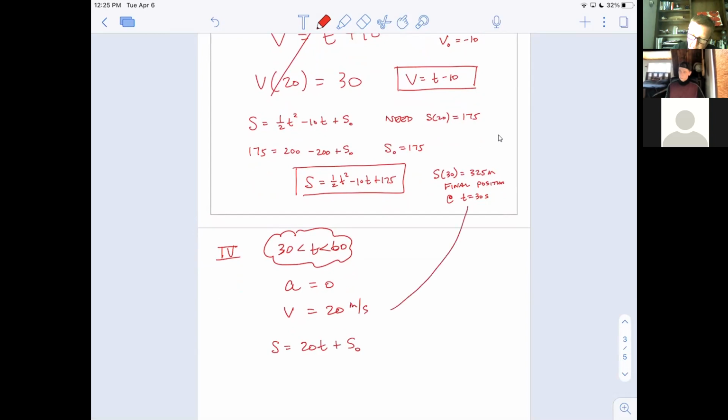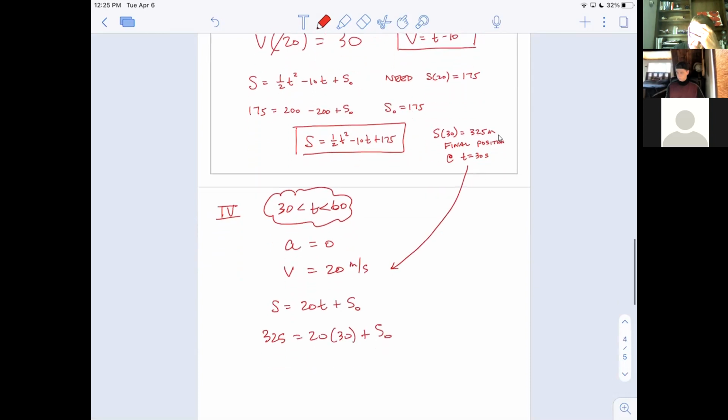Then I need 325 to be equal to 20 times 30 plus S0. Since 20 times 30 is 600, if I subtract it from both sides, S of 0 is negative 275. So my S equation would be 20t minus 275.